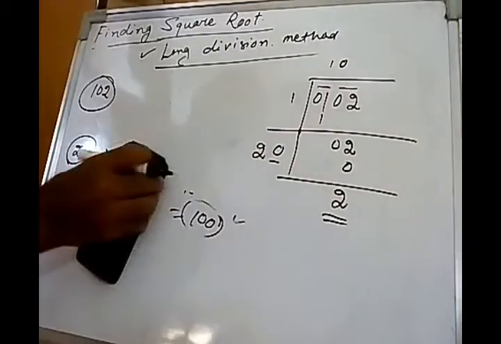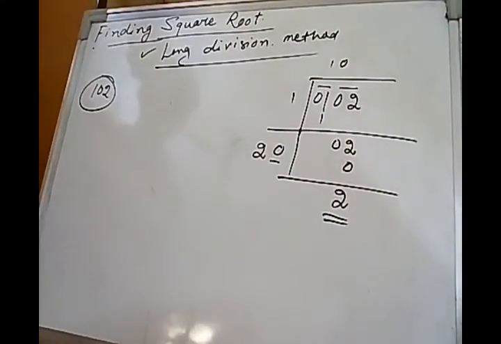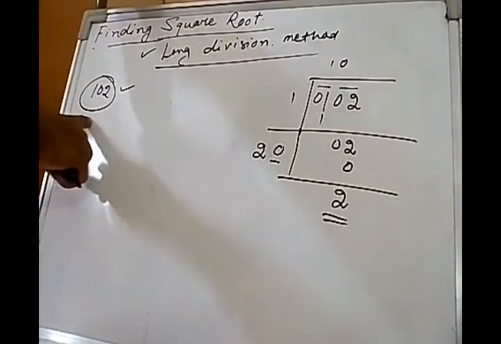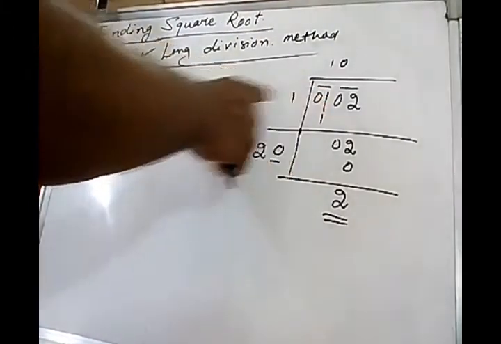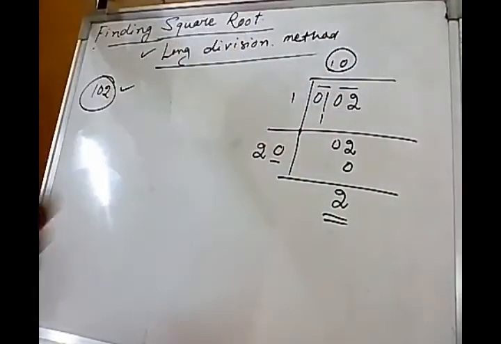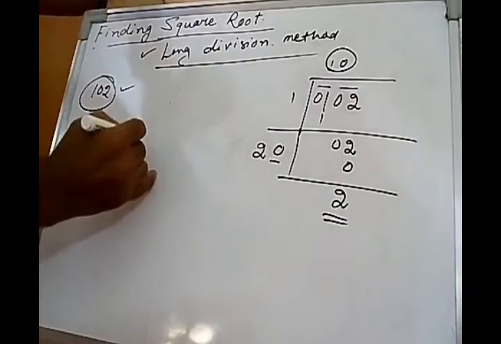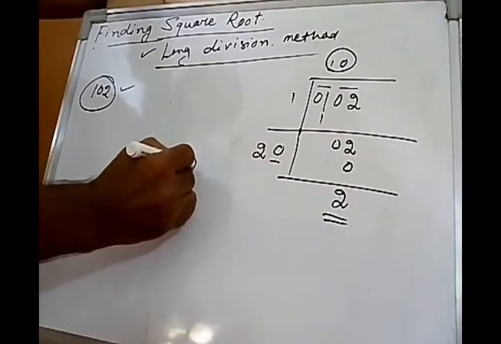Now the second question is which number will be added to make it square. So the same way we can take 102. It is not a square number, but the question is which number will be added to 102, that means how much to attach to 102 to make it a square number. So now see, in 102, 10 square is there. So we can write 10 square is smaller than 102.